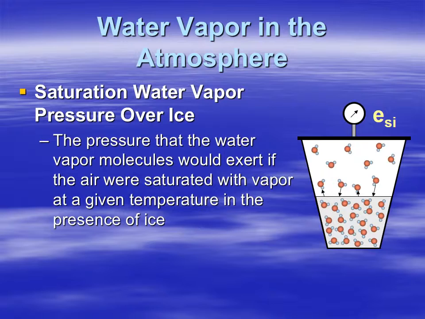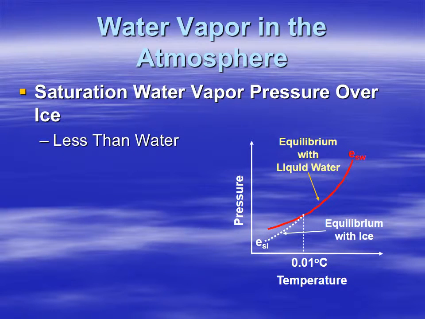So that is your saturation as a function of temperature also, but you'll only see this at temperatures colder than 0. And that's what you see on this diagram. You see a separate saturation vapor pressure curve for ice compared to water. And of course we said that it occurs at lower vapor pressures because fewer molecules are leaving the surface to reach saturation.